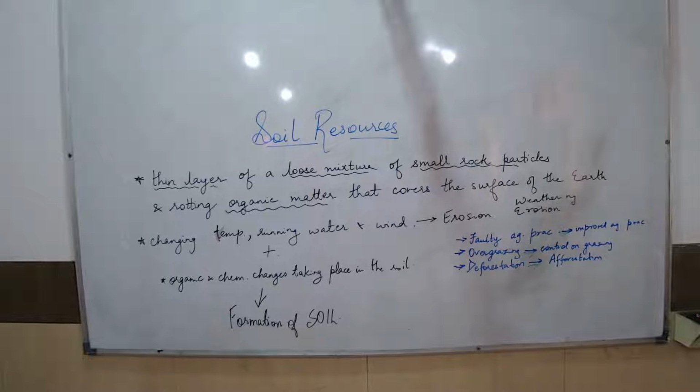Because there's a difference in the rocks, that's why you have different types of soil, because they are made out of different kinds of rocks. And how are those rocks formed? Which are those three types of rocks?